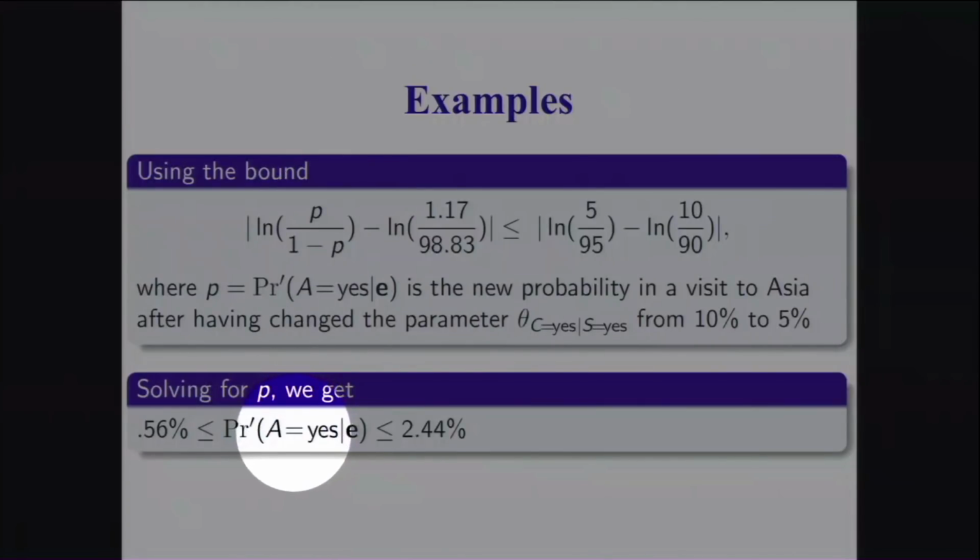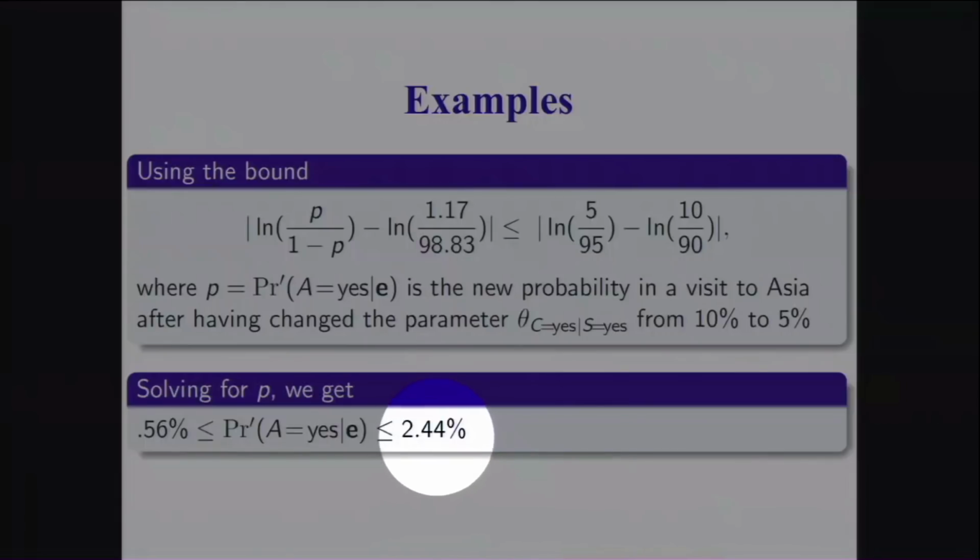It says that if you change your parameter from 10 to 5, I guarantee you this query will remain greater than or equal to that, less than or equal to that. What was it actually? It was 1.17, and now I'm saying it's between this and that. Not bad. No inference.